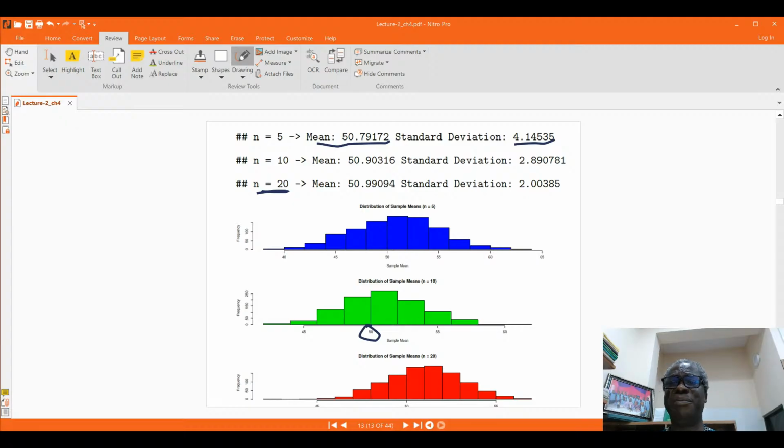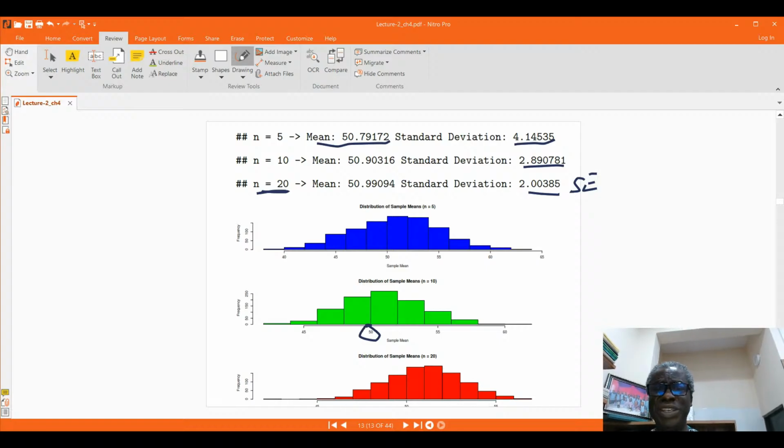The standard deviation of the sample means has also reduced. This is the standard error: this is the SE when n equals 20, this is the SE when n equals 10, and this is the SE when n equals 5.